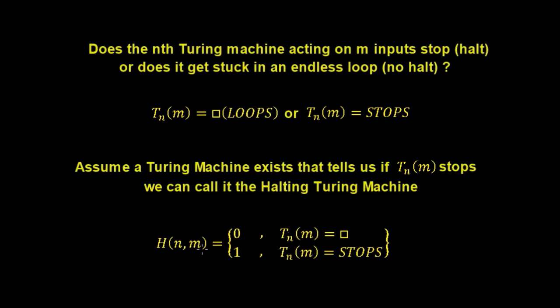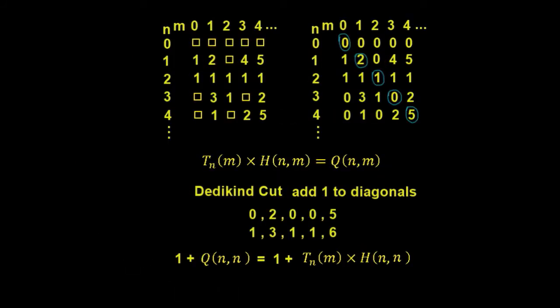Now what this machine does is, if the nth Turing machine acting on the m inputs is in a loop, so this little square box represents in a loop, meaning it doesn't stop, then it will return a value of 0. But if it does actually stop, then it will return a value of 1. So let's head on to the next page and see how we can use this information.